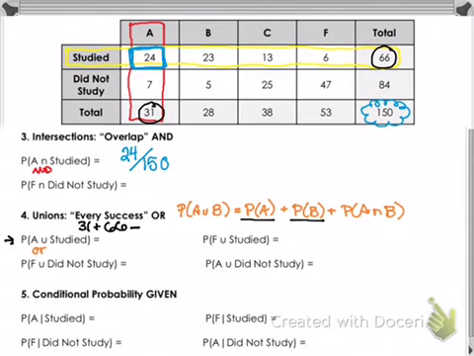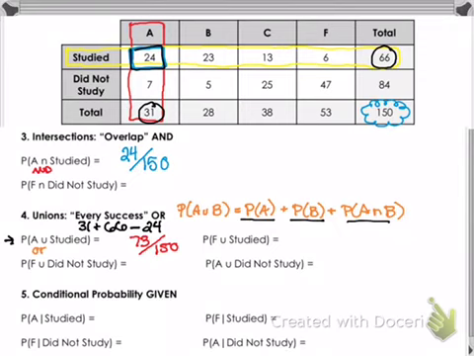But we just double counted our overlap, so we have to minus that overlap that we just found, which was 24. So we do 31 plus 66 minus 24, and we end up with 73 people are in that OR, and always that's over our 150.